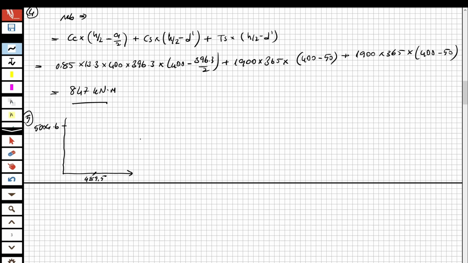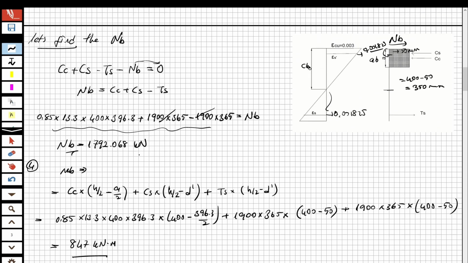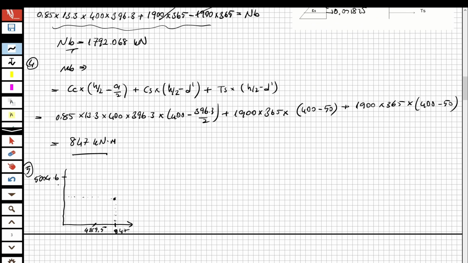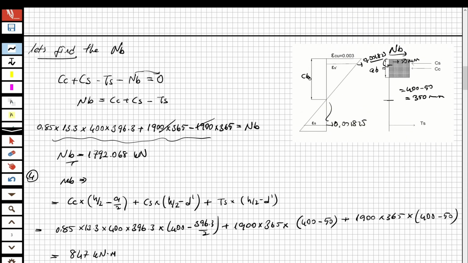Okay, and also we got a balance, right? What was the balance? For example, this is 847. And due to this 847, if you remember, we got an axial force at balance. Okay, let's check what that is. This point is going to be the point where we switch the way of the diagram. So what is the axial force?